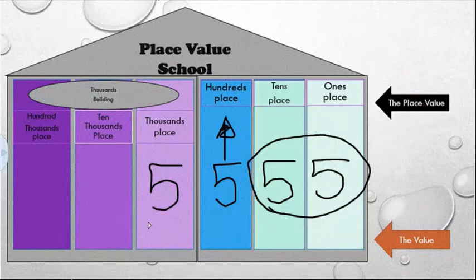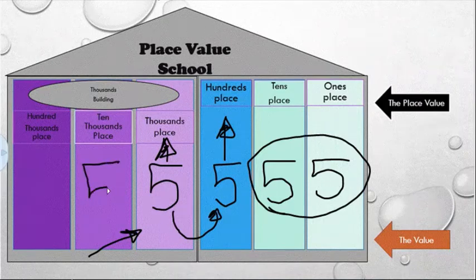Look, it's the same way. Start from the left, look at the digit and read the place value. So this digit is 5,000. Then go to the right, 555. So read it again, 5,555. Amazing, very good.